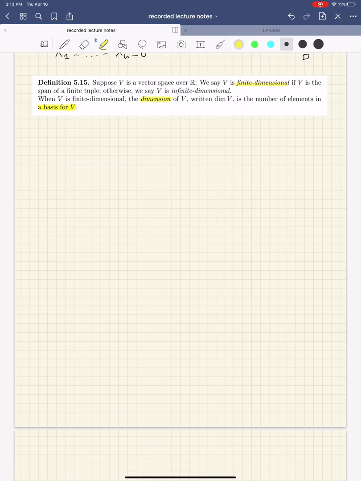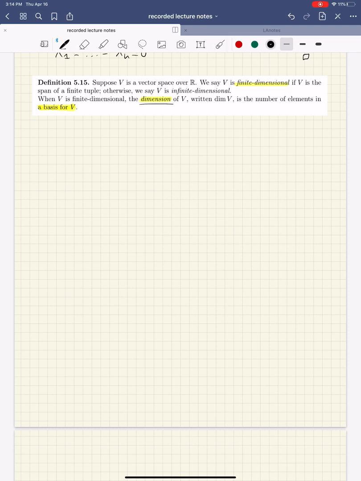There are two problems with this definition so far. One thing you have to learn in math is that when you give a definition of anything, for example when you define a function, or even some notation like here, you always have to check whether or not this actually makes sense. This first part makes sense, definitely. Either you have a finite tuple that spans it, or you don't. What is more problematic is this definition of dimension.